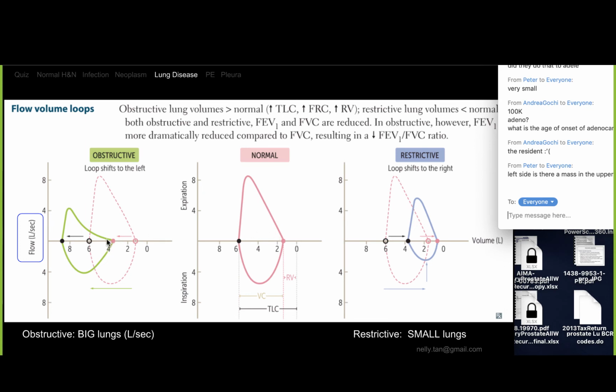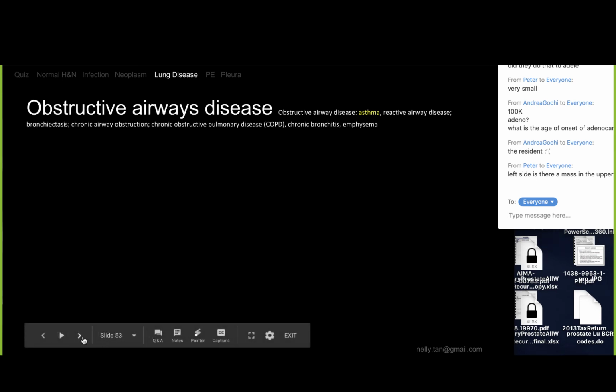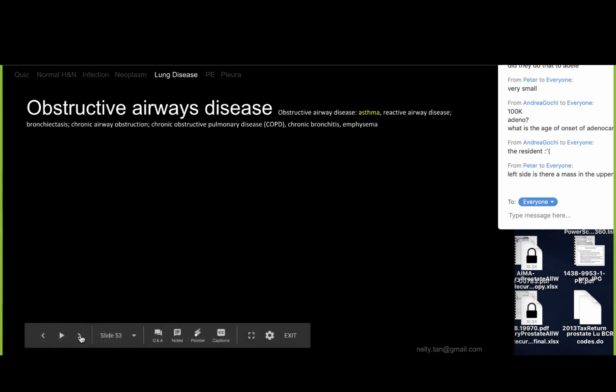In contrast, in obstructive, the flow volumes are big. So it's not that it's restrictive, it's just you have airway thickening or obstruction, like destruction of the alveoli. So patients with obstructive disease have high flow volumes. Patients with restrictive interstitial disease have low flow volumes.